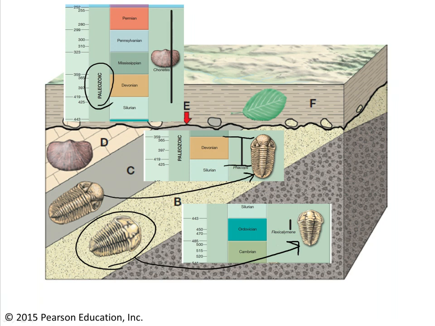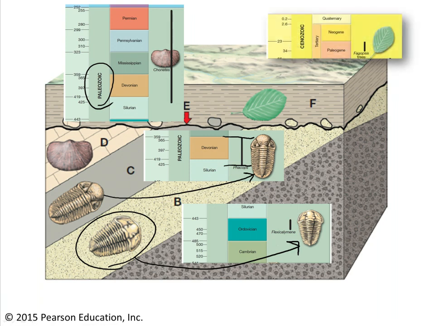Finally, up in the layer on top of the unconformity surface, we have leaves of Fagopsis. That is a plant leaf, and you can see that it's restricted to the Paleogene period of geologic time. So this allows you to put some age constraints on your overall relative dating of the different geologic units.